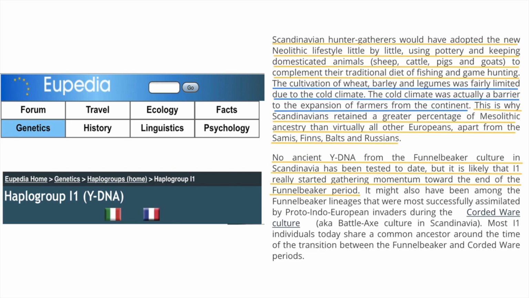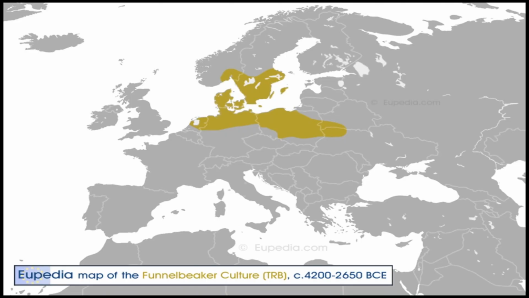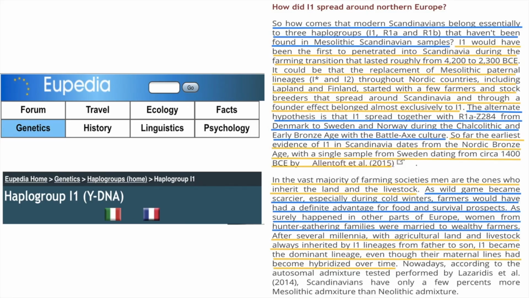No ancient Y-DNA from the Funnelbeaker culture in Scandinavia has been tested to date, but it is likely that I1 really started gathering momentum towards the end of the Funnelbeaker period. So here's the Funnelbeaker culture, and basically it's in Scandinavia and the northern part of Europe.